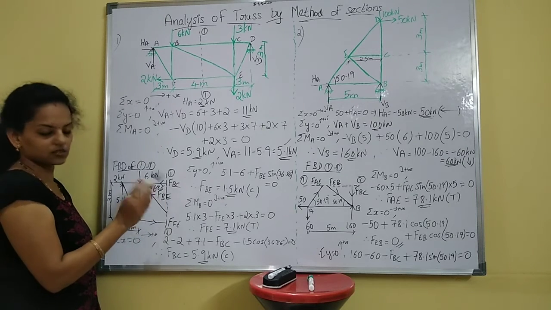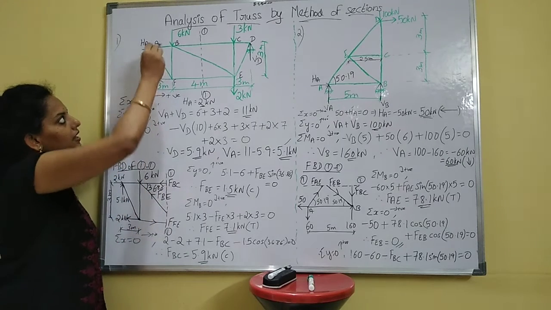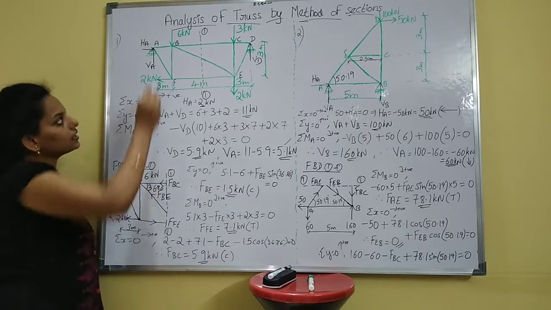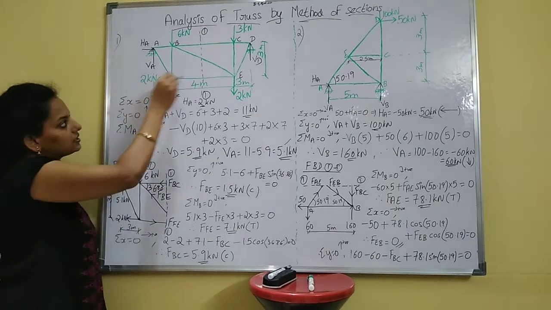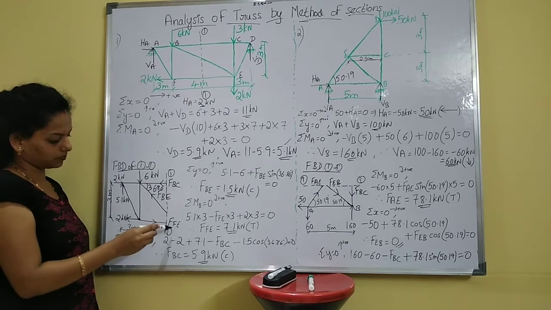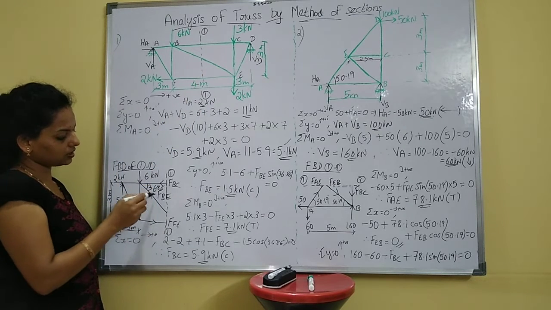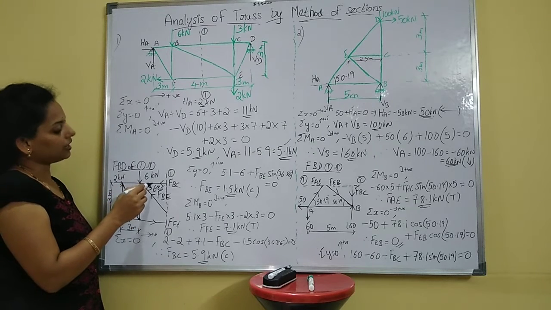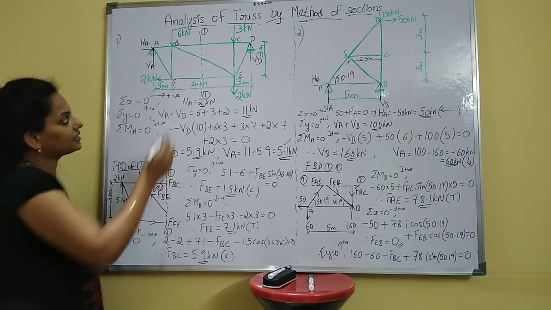So just mark the same thing, representation F of member name, that is BC, FBC, this is FBE, and this force is FFE. Okay, just assume the direction and mark this, and get the angle.